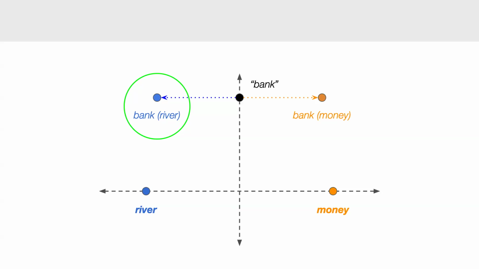So at least in some dimensions, we've taken this concept of river and brought it really close to wherever bank was, or we've taken this concept of bank and drawn it really close to wherever river was. We've moved them together. Maybe not crudely overall, but in some dimensions we definitely did. Does it make sense?